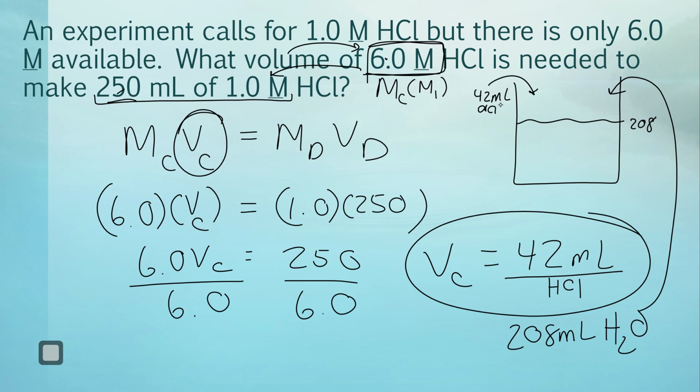That's actually the safe way to do it. We always add the acid to the water, not the water to the acid. Then it creates this 250 milliliter solution, which you make sure is mixed well, and therefore you now have your 1 molar solution.